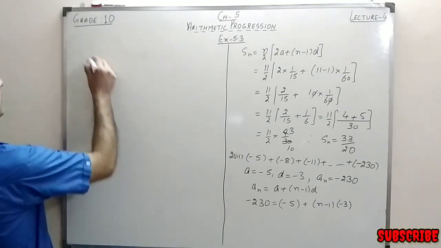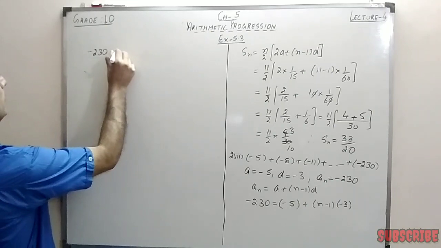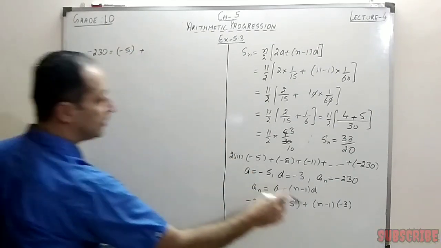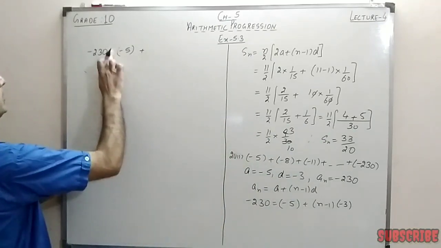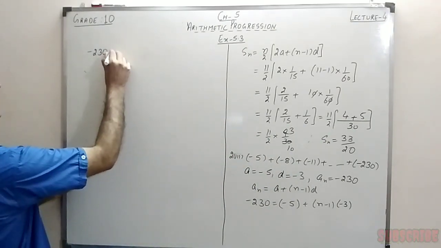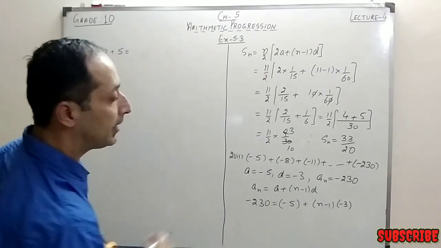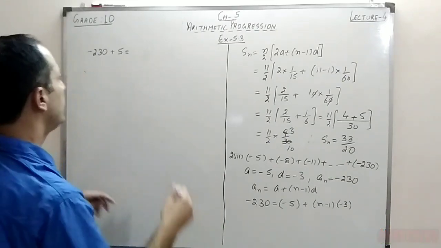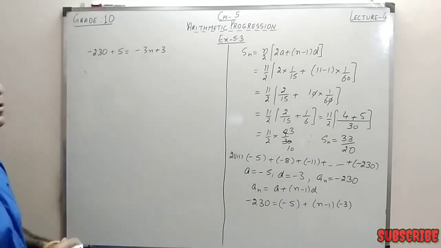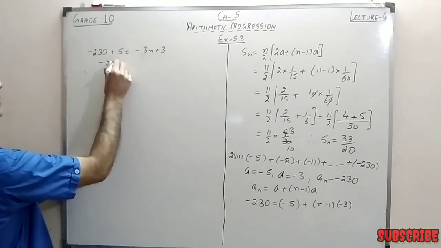So this is minus 230 equals minus 5, and when I multiply this out, I can shift this minus 5 to the left side, it becomes plus 5, and on the right side, if I multiply minus 3 with n minus 1, what I get is minus 3n plus 3. Right. Now I'll simplify this. This is minus 225.